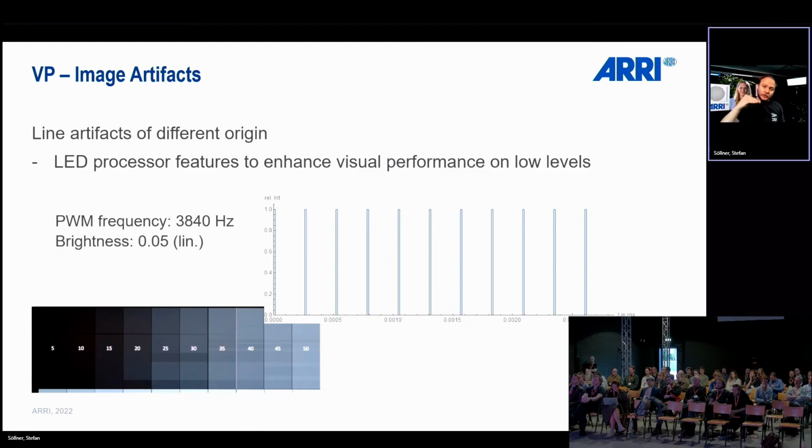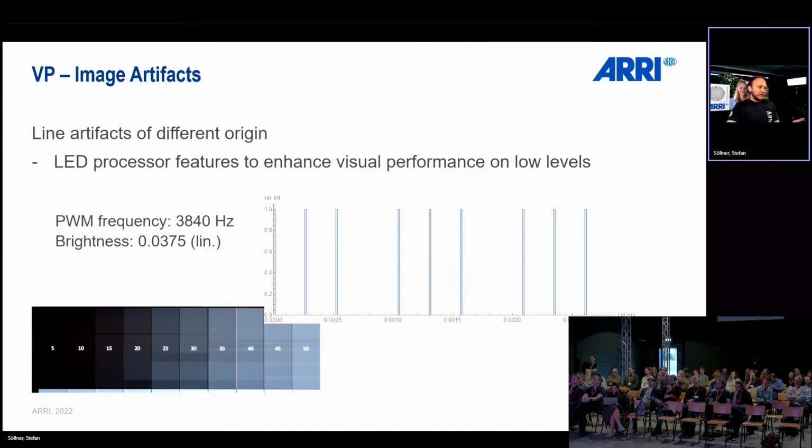And if you want to get lower with your brightness, so lower grayscales, it might be the case that the LED processor is starting to get fancy, because it cannot diminish the time the LED is on anymore. It starts to leave away certain frequencies, and this might not be a problem.